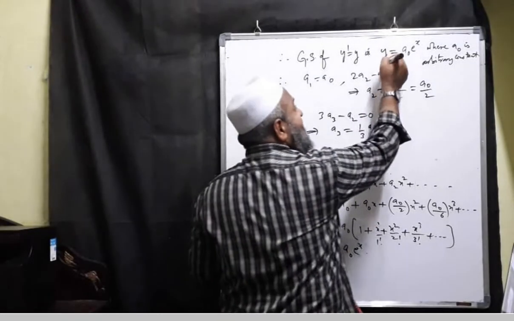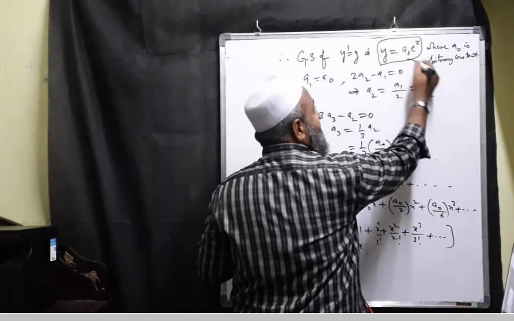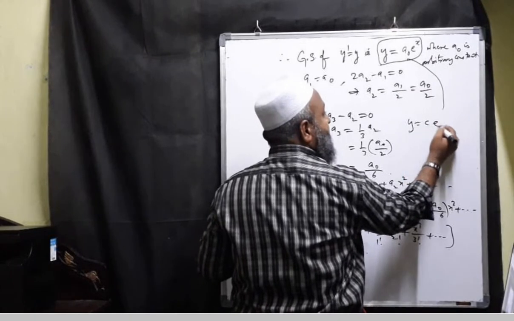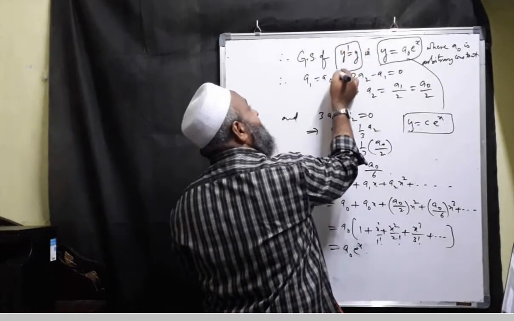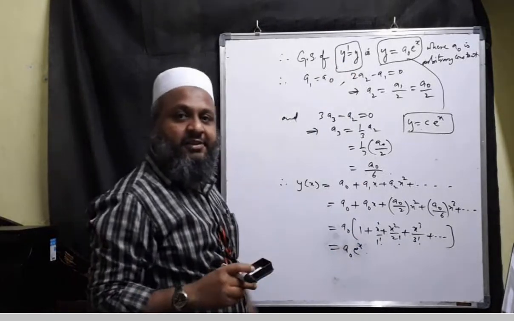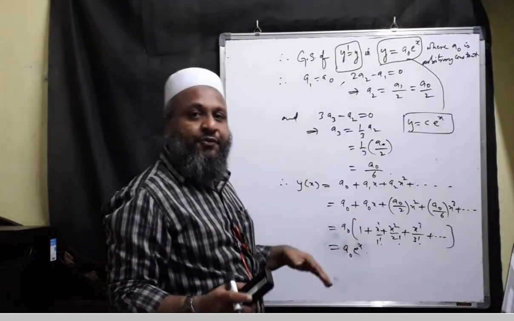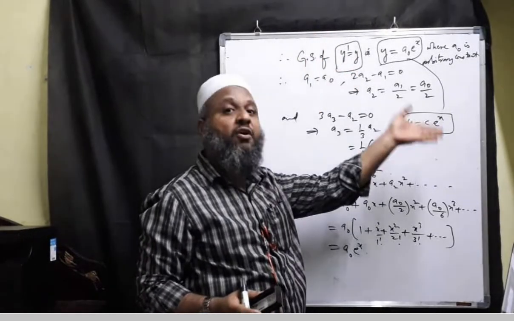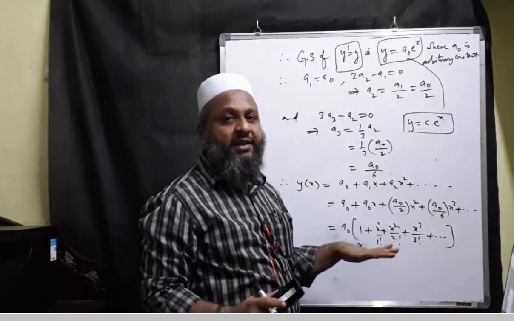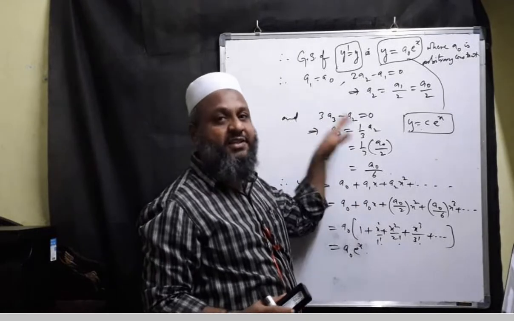Now you got the point. This is exactly the same as saying y is equal to some c into e to the power of x, which we already discussed earlier. So what is the point now? We are able to solve this differential equation by many methods, of which one method is the method of series solutions.